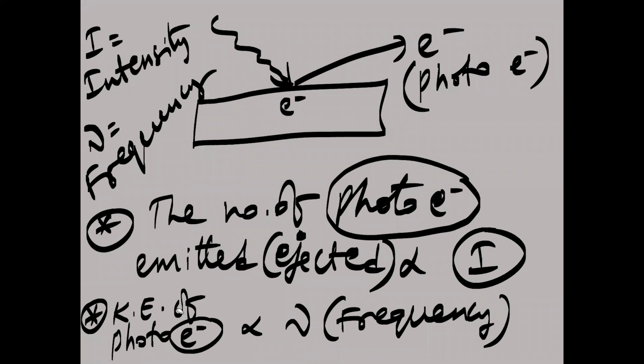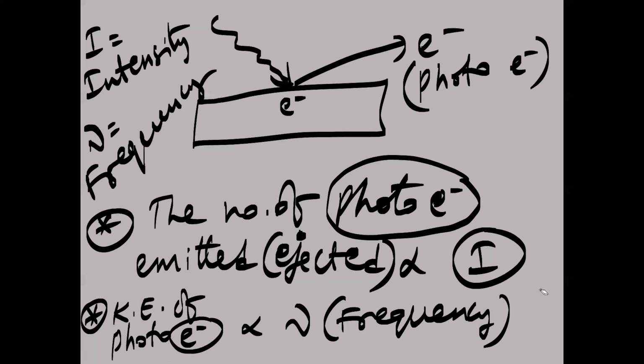So the kinetic energy of photoelectrons depends only on the frequency of incident radiation, whereas the number of photoelectrons emitted is directly proportional only to intensity. The number of photoelectrons does not depend on the frequency, and the kinetic energy of the photoelectrons does not depend on intensity. We should not confuse this point.